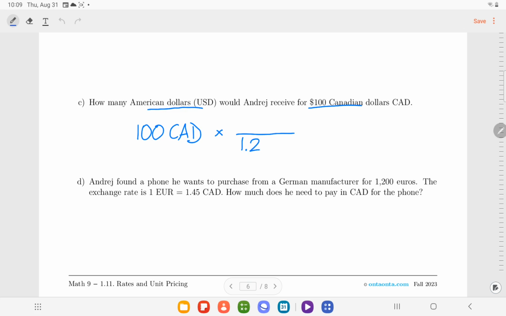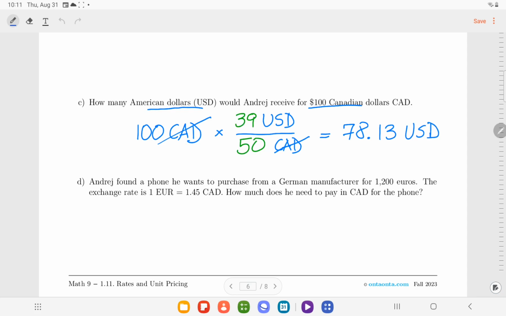We put Canadian on the bottom so we can cancel it out. We cancel the units and we get 100 times 1 divided by 1.28, which is $78.13 US. We would get the same answer if we used the exchange rate 39 US dollars to 50 Canadian dollars.